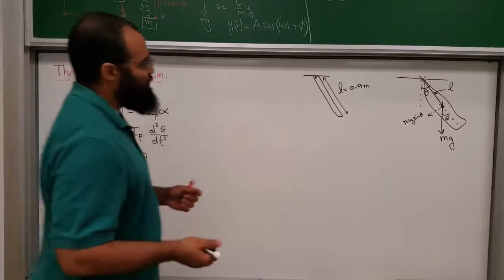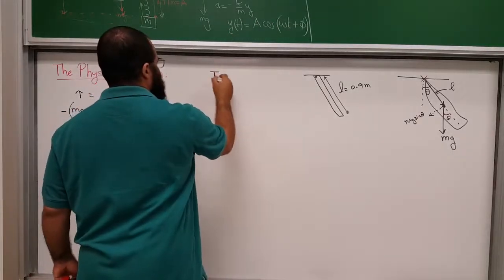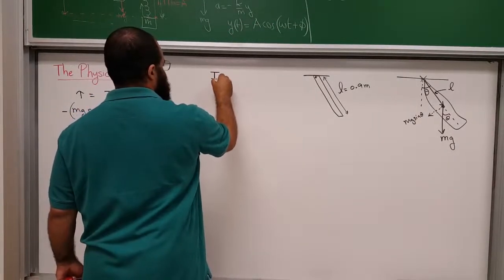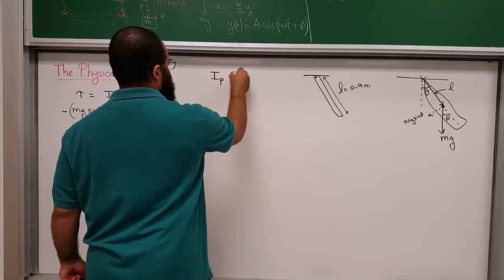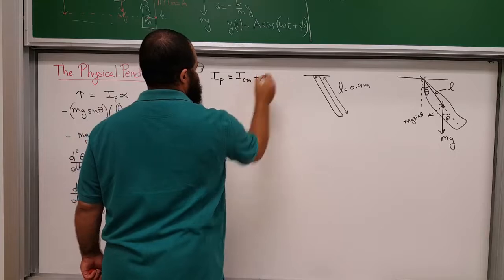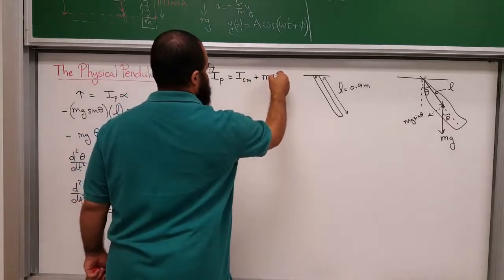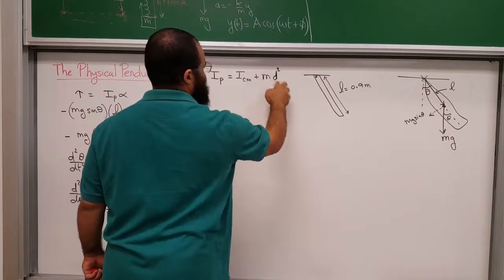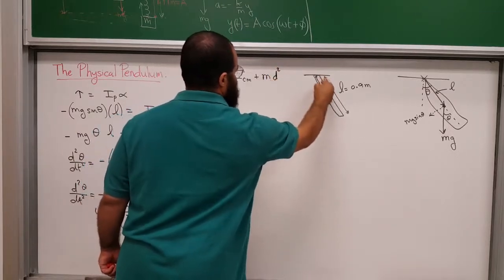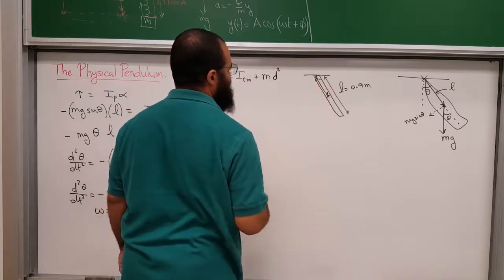Now, what's the moment of inertia for the student's leg? Well, we know that the moment of inertia about any axis, in this case axis P, would be the moment of inertia about the center of mass plus the mass of that object times d squared, where d is the distance from the center of mass to the pivot.